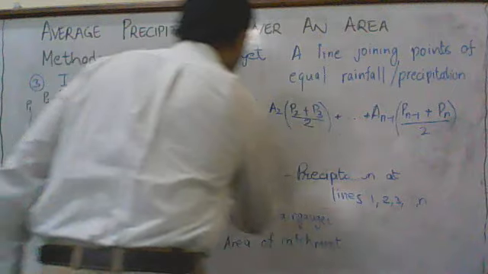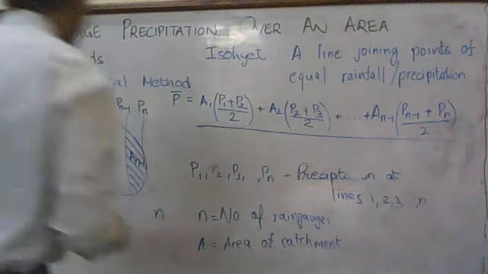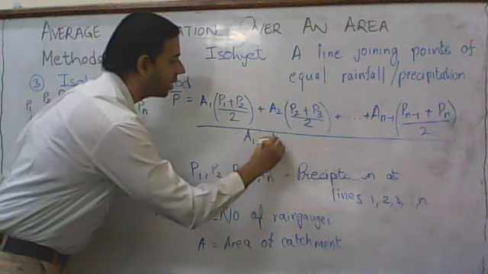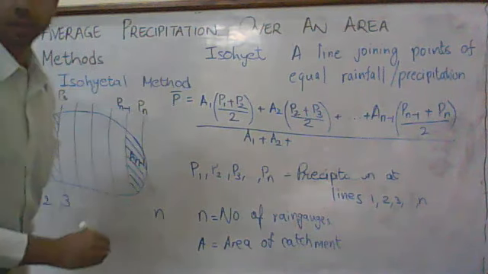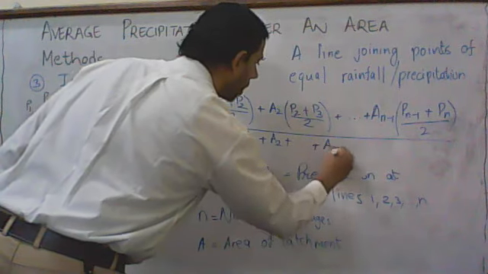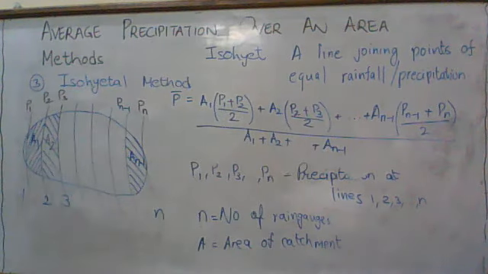This again is whole divided by A1 plus A2 plus, it goes till An minus 1.